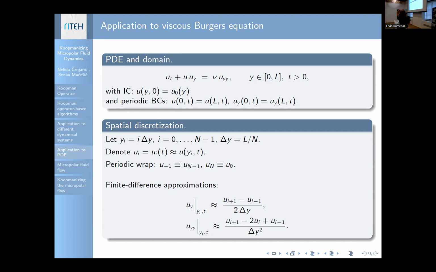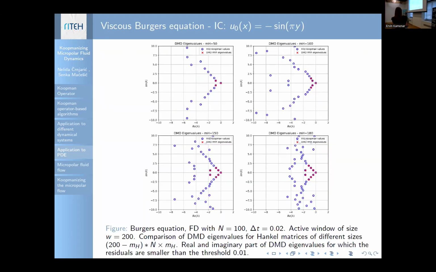In the first case, we just take the viscous Burgers equation. This is a dissipative system with periodic boundary condition. We take just uniform discretization, the finite difference approximations, and apply Hankel DMD on windows of size 200 with different dimensions.